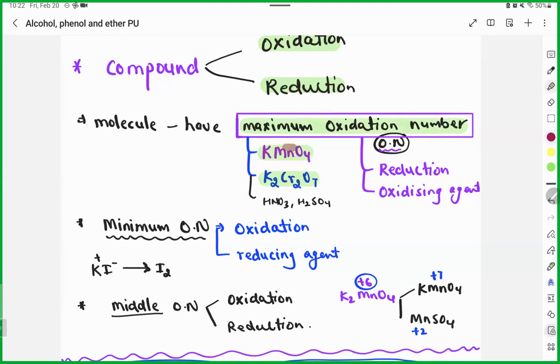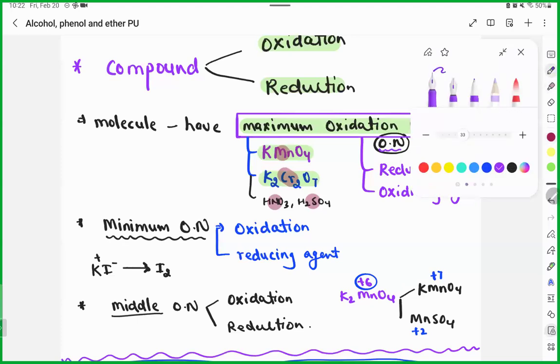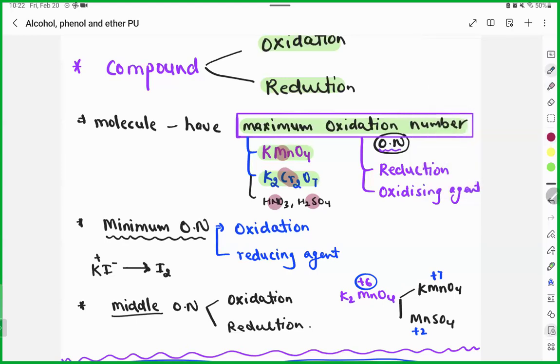Manganese has maximum oxidation state +7, chromium +6, sulfur +6, nitrogen also. When you have the maximum oxidation state, only reduction is possible, so it is an oxidizing agent.